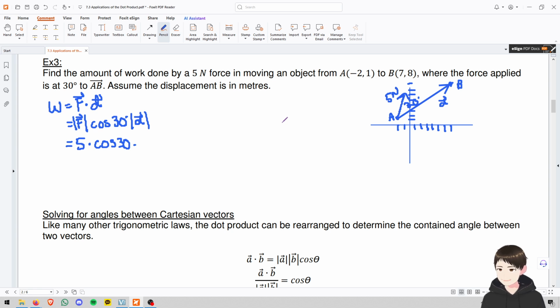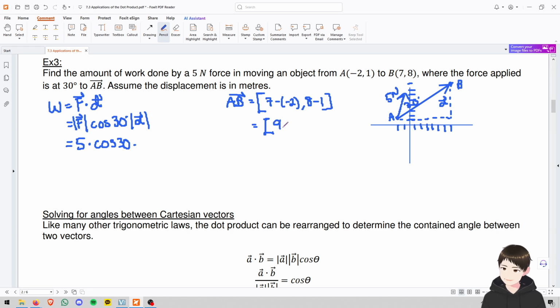But if you think back to 7.1, where we learned about algebraic vectors, we can find what this actual vector is. And if we know what this vector is, I can pretend this is a 90-degree triangle and find the hypotenuse. So let's do it. AB is 7 minus negative 2, that's my x coordinate, and 8 minus 1, that's my y.